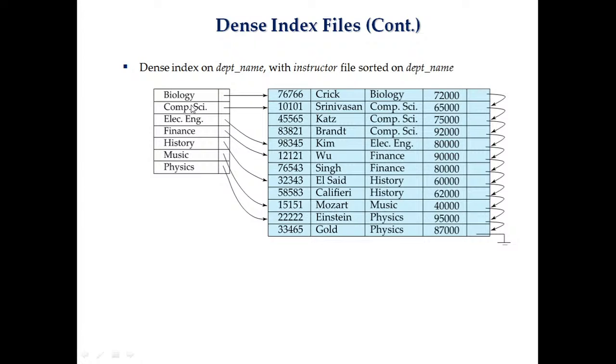But for finance there is more than one row, and only a single row is connected with this index entry, meaning this search key has a pointer located to a single row only. So this is an example of a dense index on department name, with the instructor file sorted on department name.